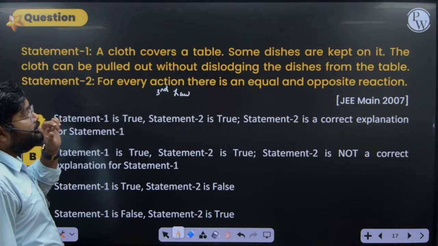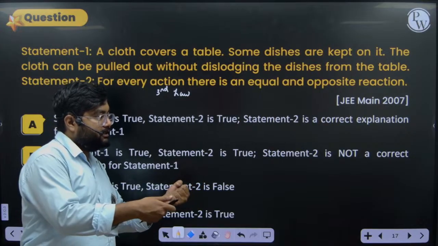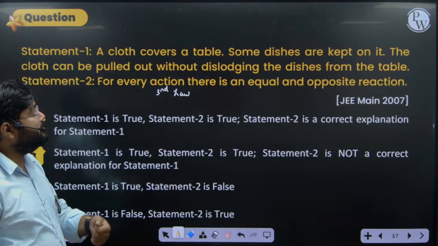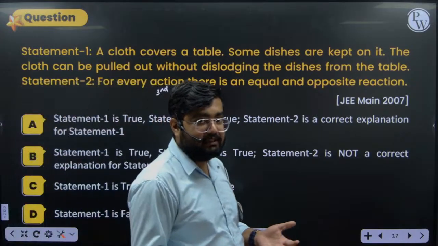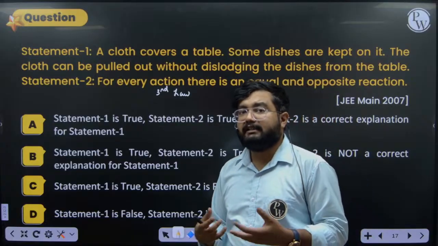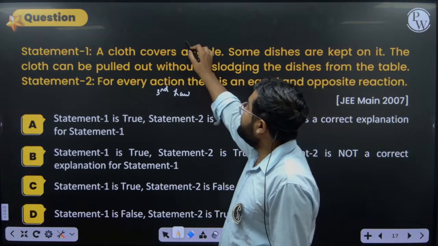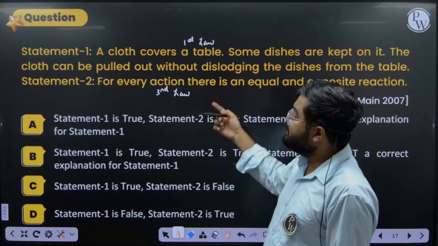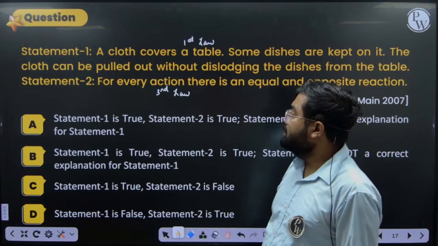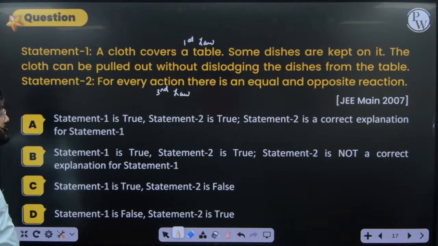Statement 1 is also correct because you may have seen this. A waiter pulls out the cloth quickly from the table and the dishes don't fall off, right? This is due to inertia of rest. The dishes are at rest and they have a tendency to remain at rest. So this is explained by the first law. Inertia is explained by the first law, whereas statement 2 is the third law. So although both are correct, statement 2 is not the correct explanation. So here the answer should be option B.